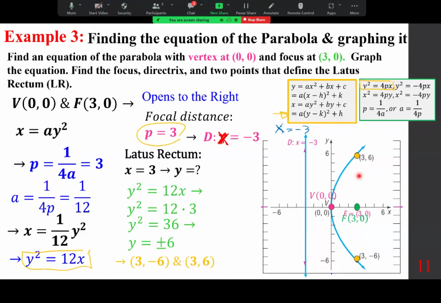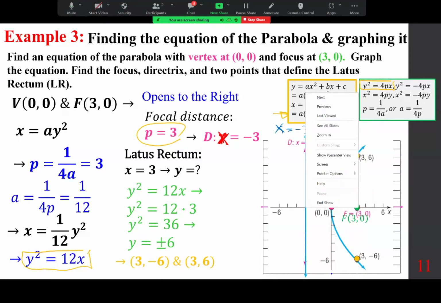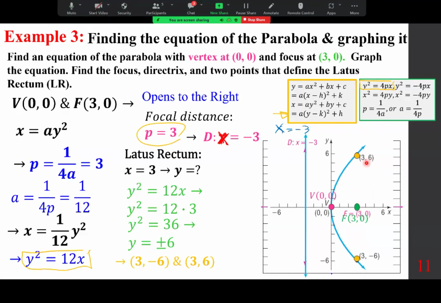The latus rectum has a total length of 4p. So from here to here is 2p, and from here to here is 2p. We know p is 3, and 2 times that is 6. So go 2 times p up, which gives you 3, 6. 2 times p down gives you 3, minus 6.